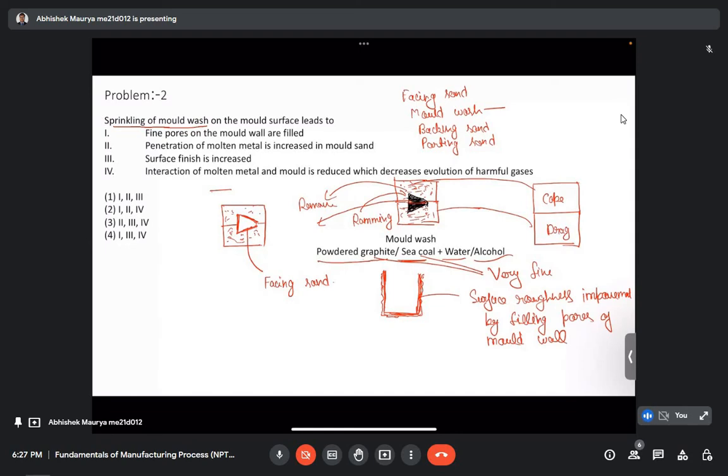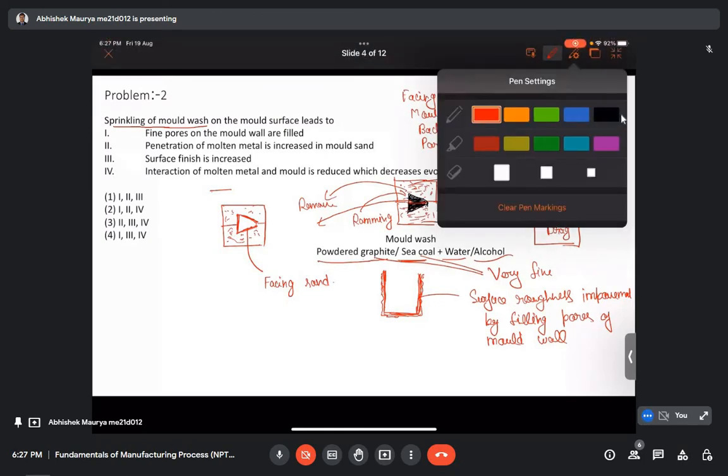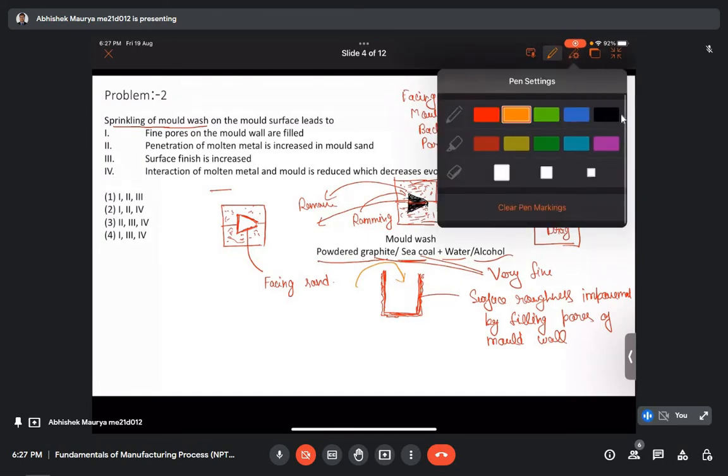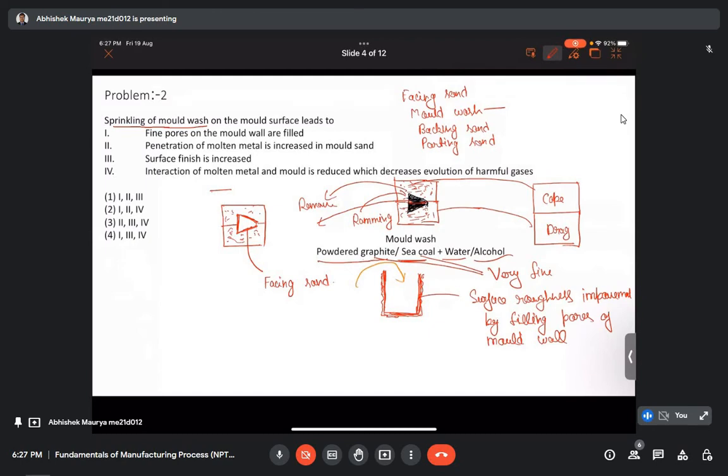And another one is, since now the surface becomes very smooth, when we pour molten metal inside this mold, the interaction of molten metal with the mold wall will become very less. These are the regions where the molten metal will interact with the mold walls.